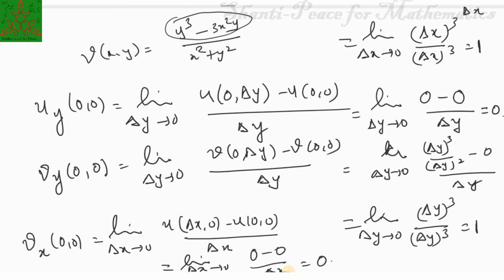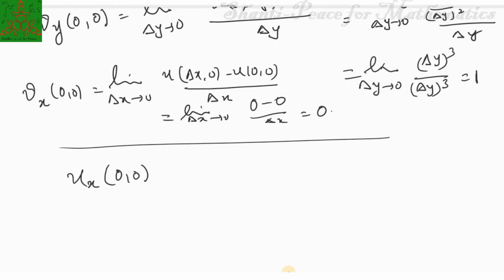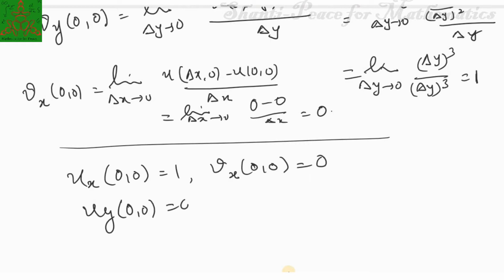So finally let us conclude, we got u_x at (0, 0) is 1, v_x at (0, 0) is 0, u_y at (0, 0) is also 0, and v_y at (0, 0) is 1.